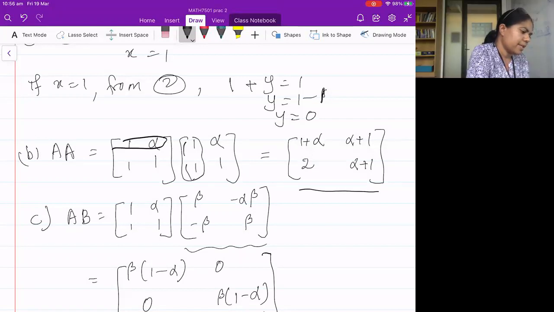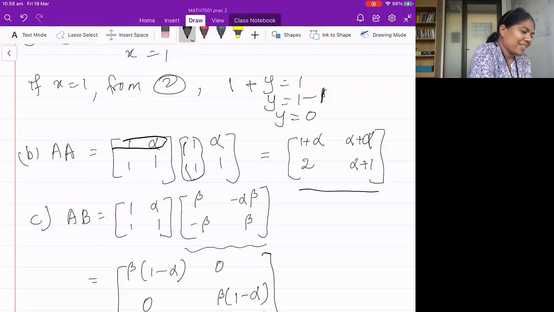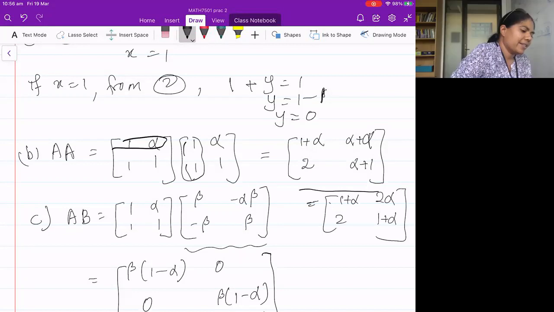So that's plus alpha, and that row, that's alpha plus, oh, good. Yeah, thank you. That's 2 plus alpha plus 1. Yeah, that's all. Thank you so much. 1 plus alpha. All right.